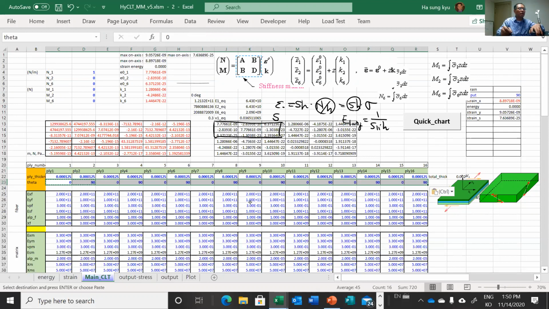You can imagine what kind of layup it is, right? Compare with all 0.